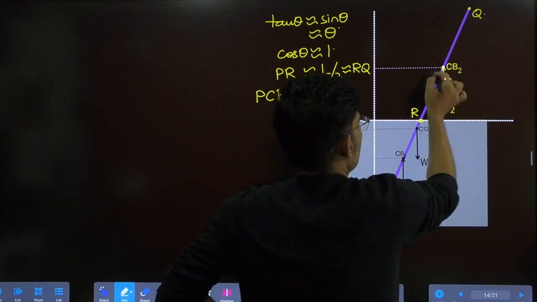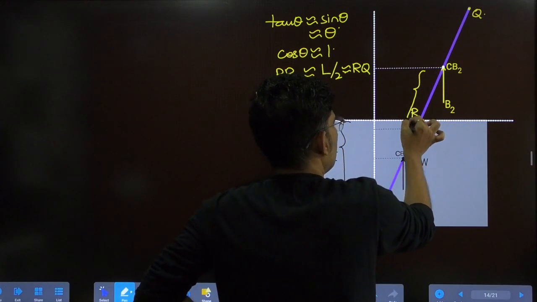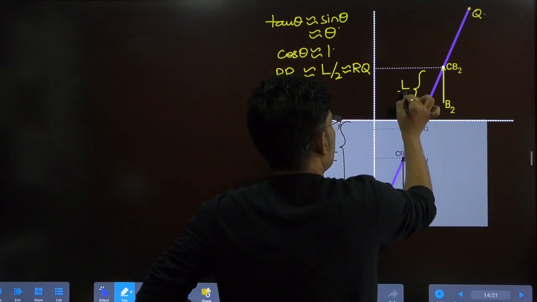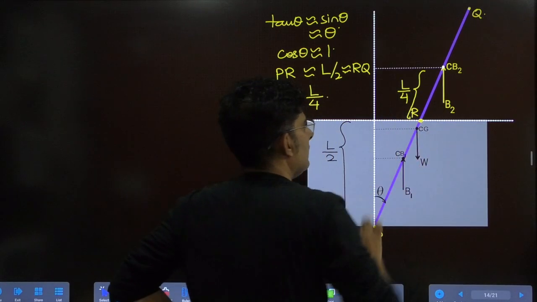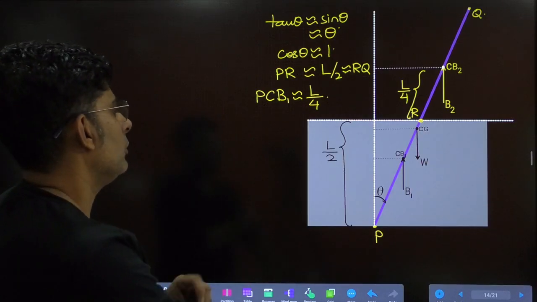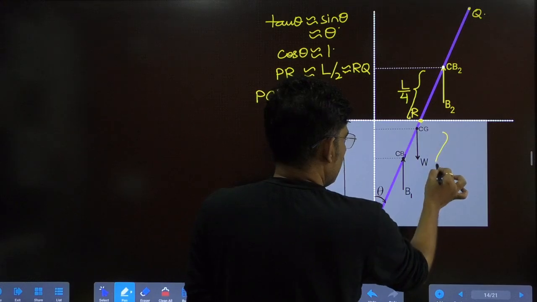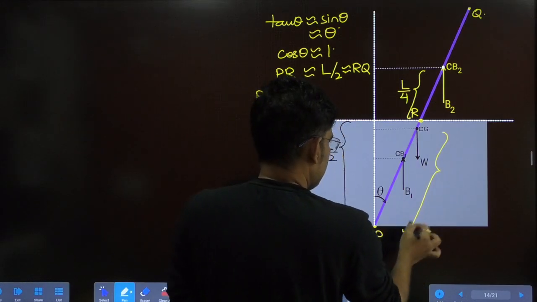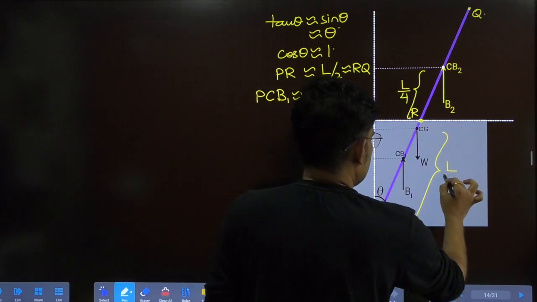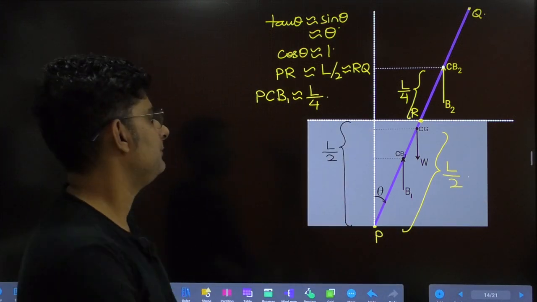This is L by 2, so this will also be approximately L by 4. Okay. So once we know this, and PCG, as I said, this one, will be L by 2 only.